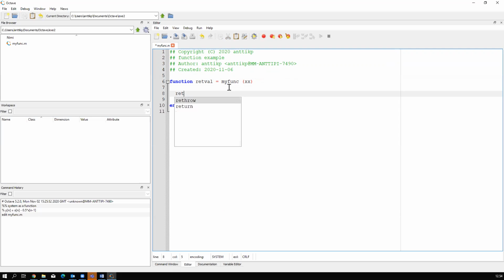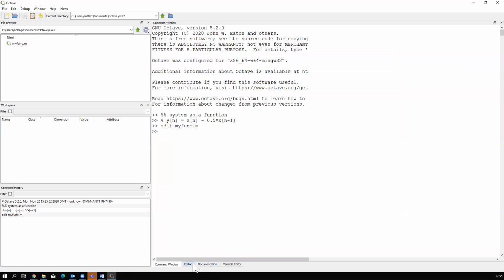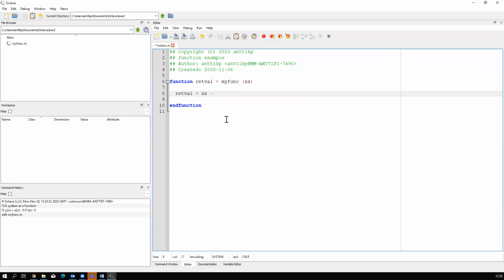And here, the return value is simply XX minus 0.5 times x with an index of -1.